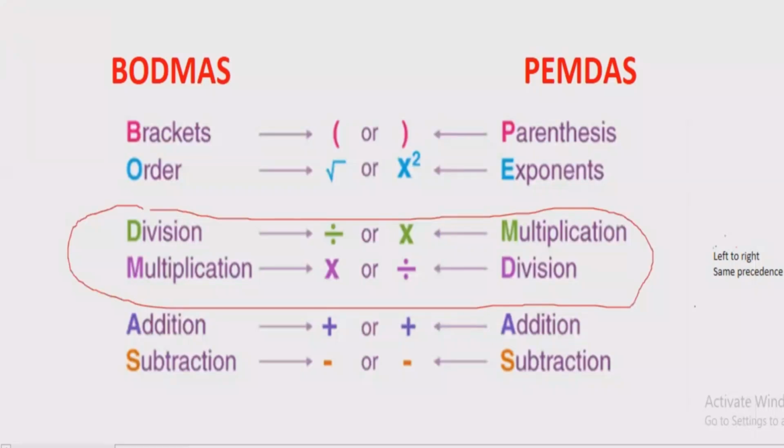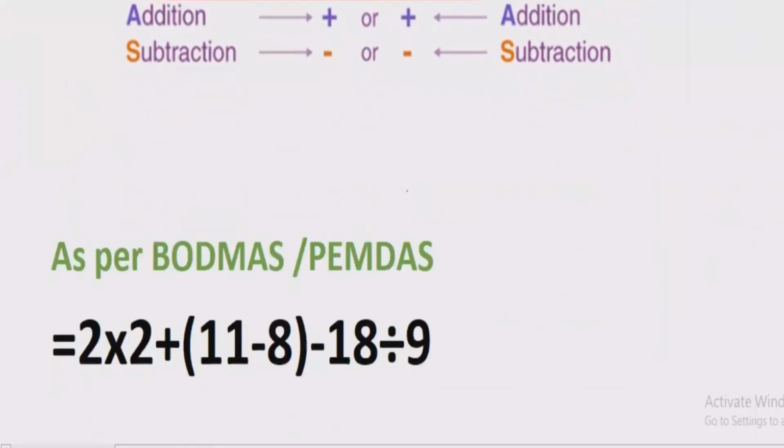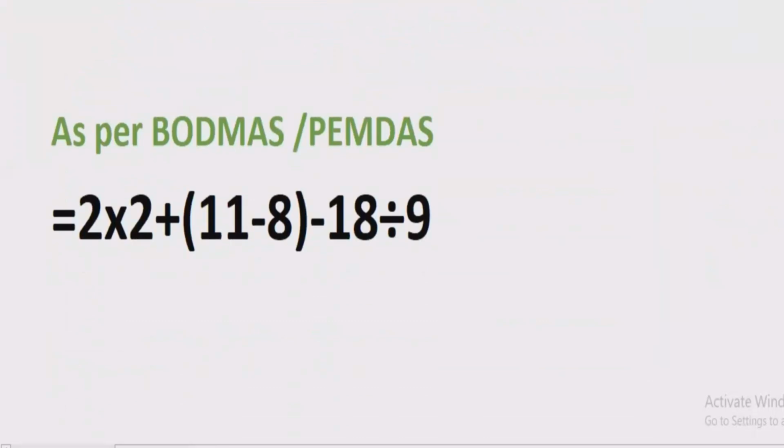So if division comes first, you solve the division first. And if multiplication comes first, you solve the multiplication. Similarly, for addition and subtraction we have the same rule. We can solve addition first if it comes first, and we can solve subtraction first if it comes first. Now let's solve the given expression.